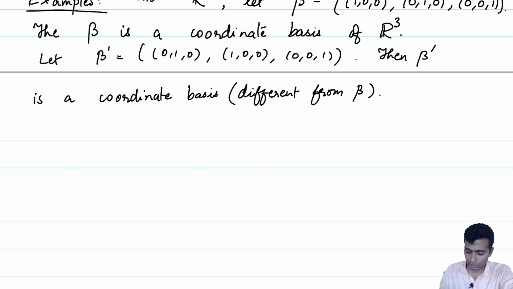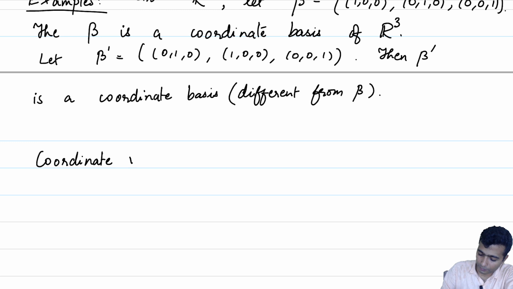So, this is a coordinate basis. Let us also now look at what is a coordinate vector with respect to a coordinate basis. Then we will proceed.